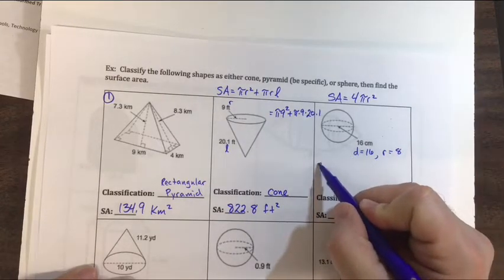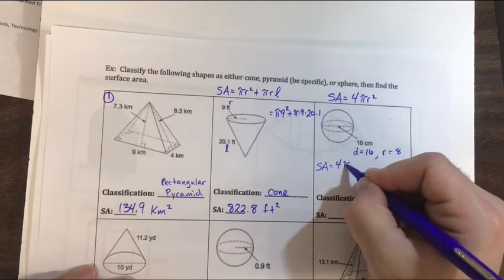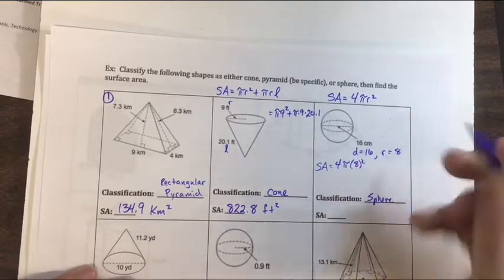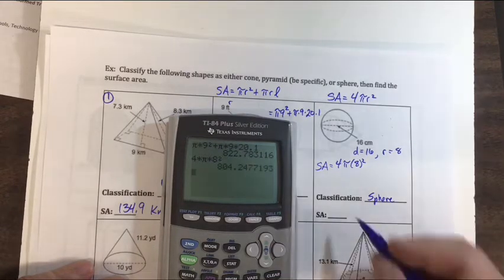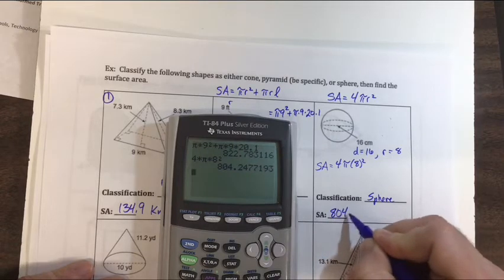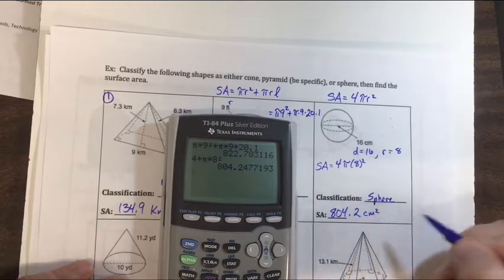So we find our surface area by plugging into this formula, 4 pi times 8 squared. Again, we can plug that all in the calculator at once. 4 times pi times 8 squared. And we get a surface area of 804.2 square centimeters.